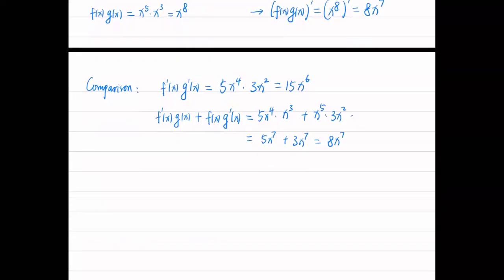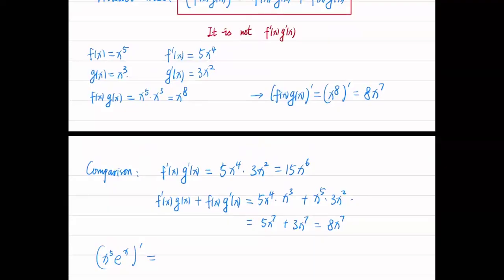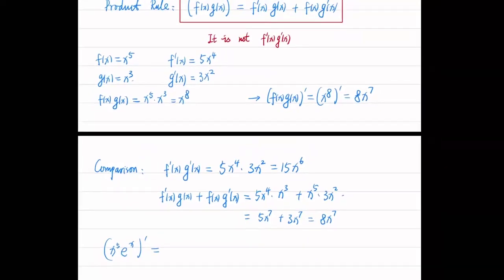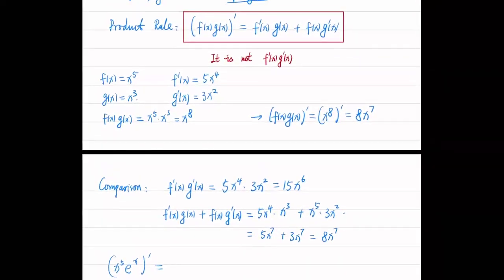Now let's have another application. Let's find the derivative of the product x to the fifth times e to the x. Apply the product rule, see what you get. Remember, use the correct formula. It's not the product of derivatives.